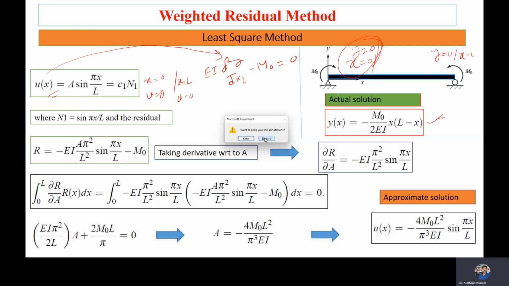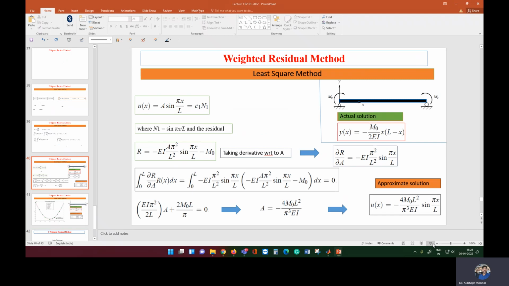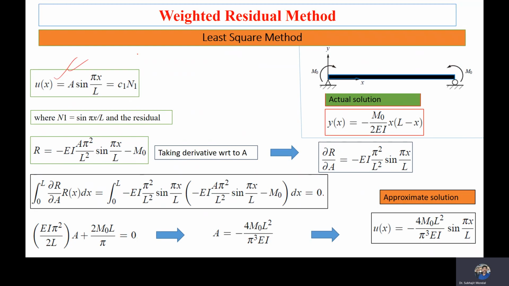Okay, so now we'll have the trial function, and we'll try to obtain our moment equation EI d²u/dx² minus M0. Again, that will not be 0. If u is equal to y, then this equation will be 0. If u is not y, then we'll have some error.